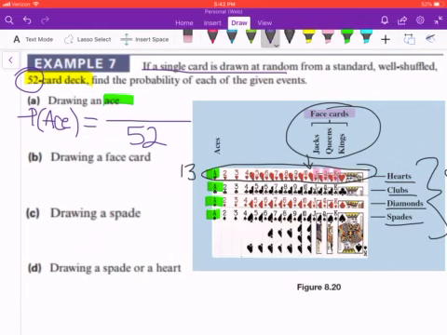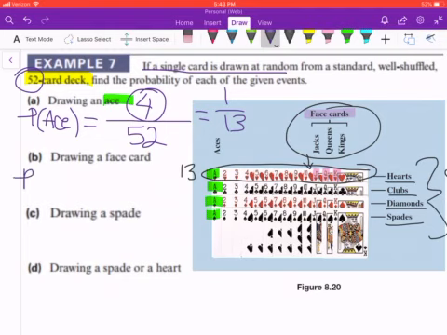So we have a total of 4. So 4 over 52. And of course we have to simplify, so we can divide: 4 divided by 4 is 1, 52 divided by 4 is 13. And so that will be the probability of getting an ace.